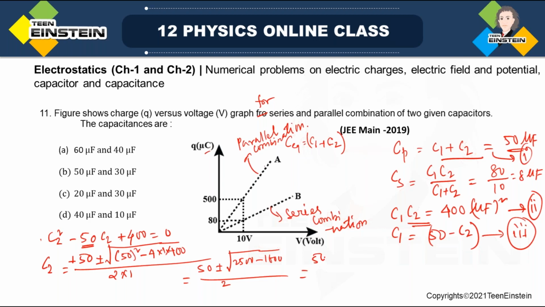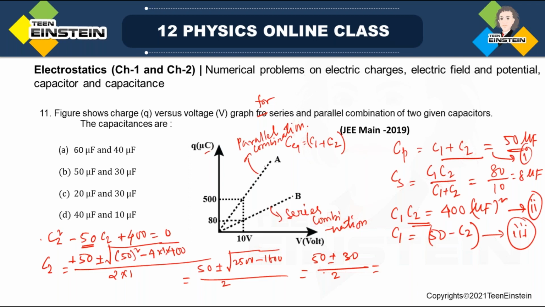So this is going to give you plus or minus this. This will be giving you 900. Square root of 900 means 30. So this is 30 divided by 2.